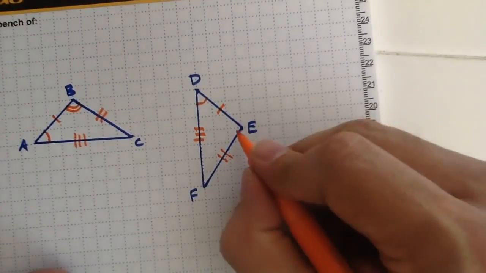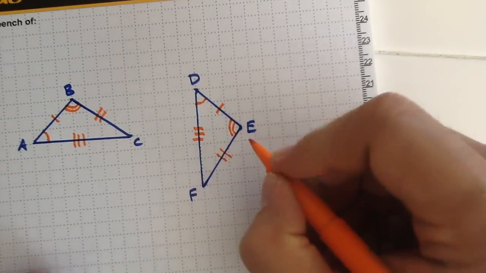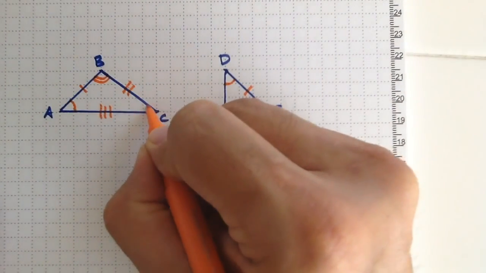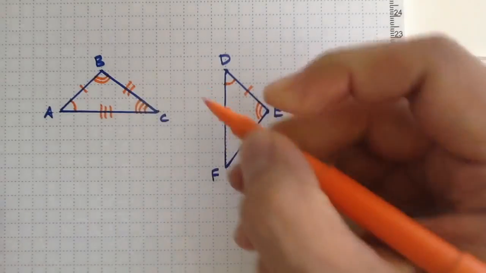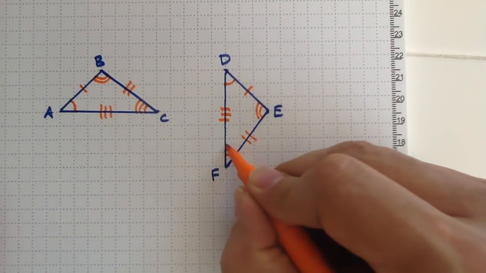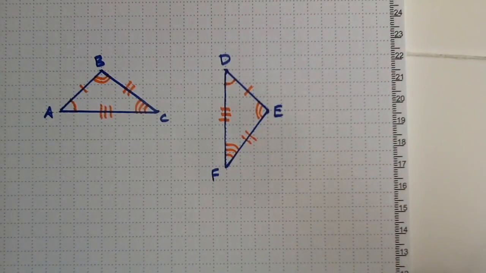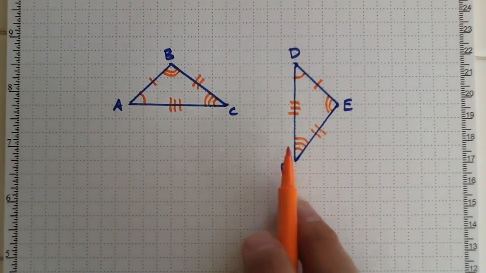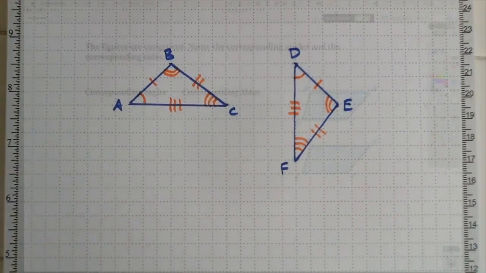Same thing with E, I'll just put two of them over here. And of course, C and F correspond and are congruent. So that'd be just three arcs and three arcs here. And so that's how we show how parts are congruent and correspond.